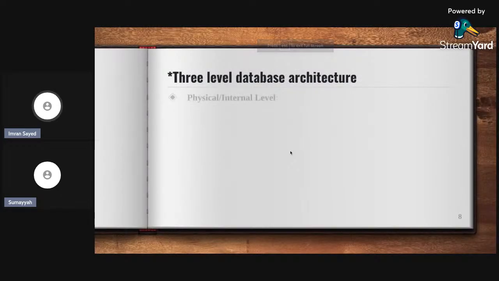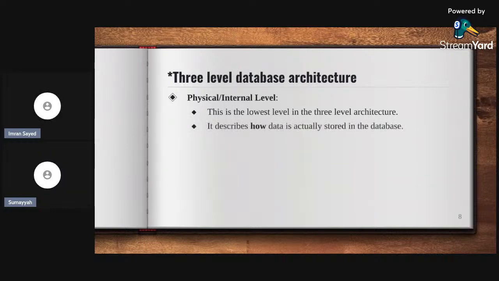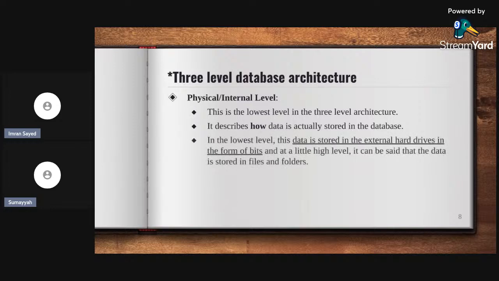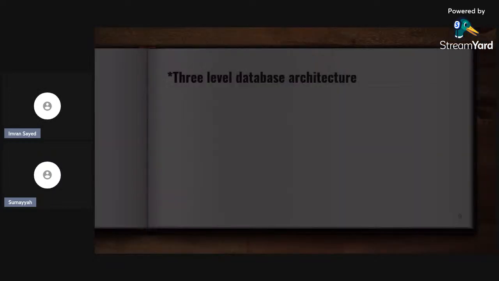Okay, so it's the lowest level out of the three level database architecture. It describes how data is actually stored in the database, and this level also discusses compression and encryption techniques.